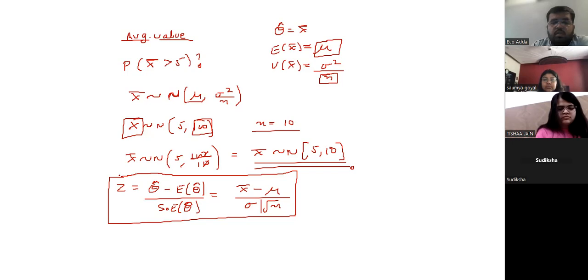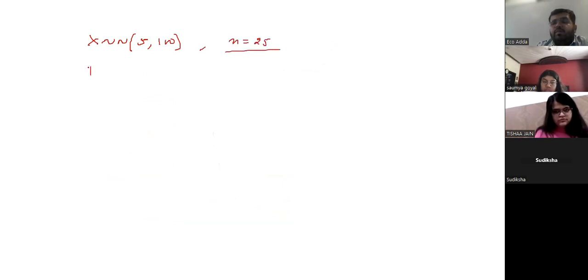Okay, cool. Now, let's say x follows normal distribution with 5 comma 100 and n is equal to 25. Can you please find the probability that x bar is more than 2? What is your answer?